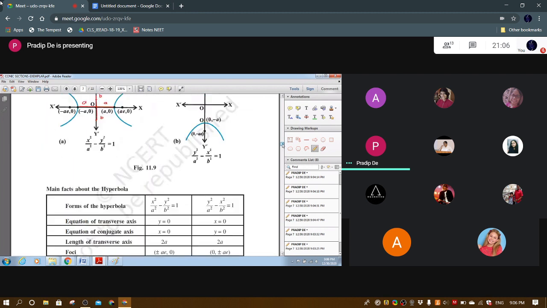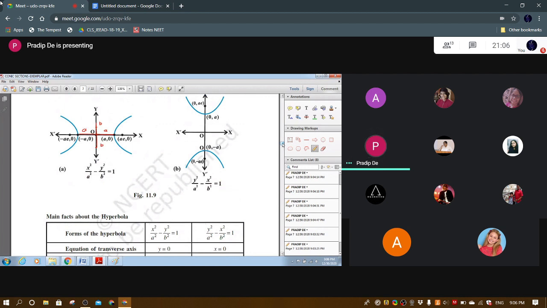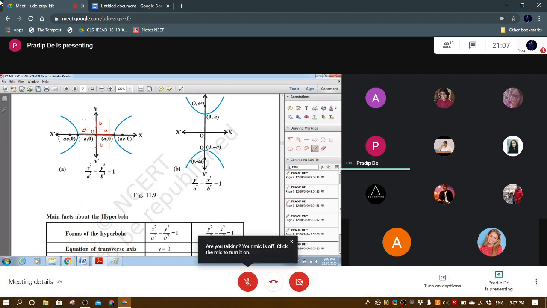The two directrices will be somewhere here. One directrix here, and the other directrix at the same distance on the other side. Maybe somewhere here. These are the two directrices.